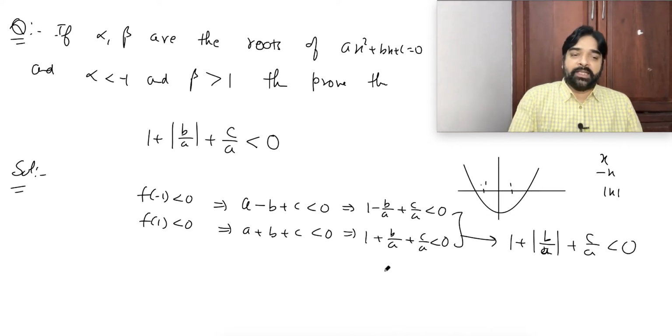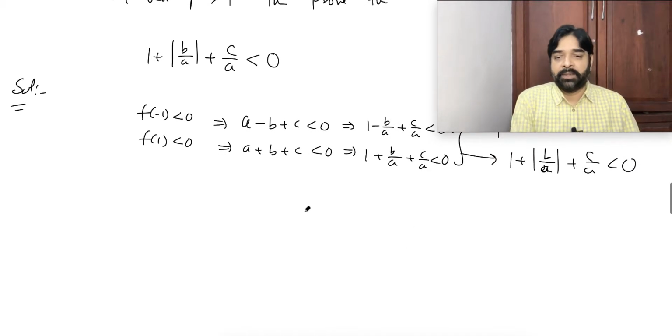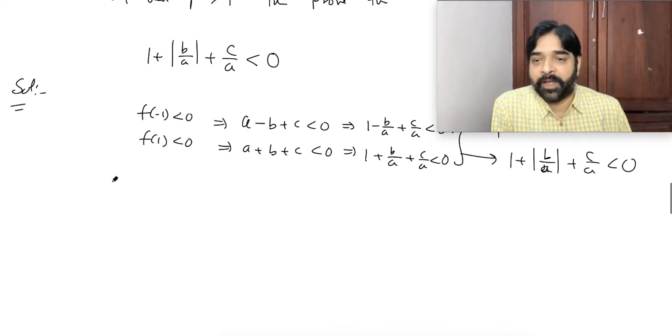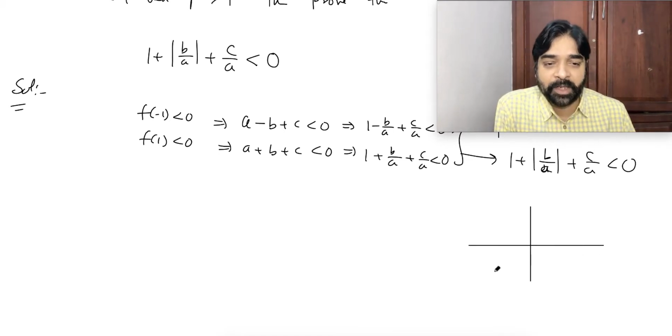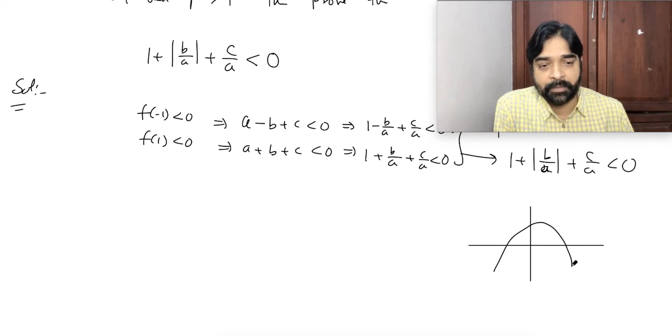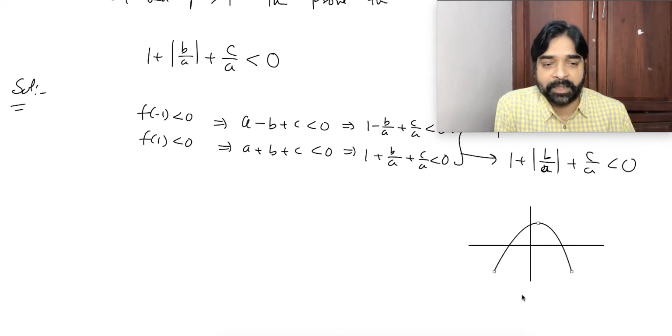If A is less than 0, what will happen? What is the situation? The graph will become this way. But I have to draw the graph in such a way that one root should be less than minus 1, the other should be greater than 1. Something like this. This is your minus 1 and this is your plus 1.